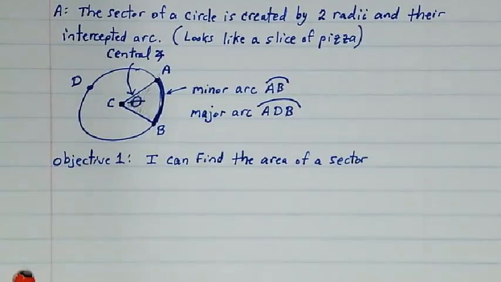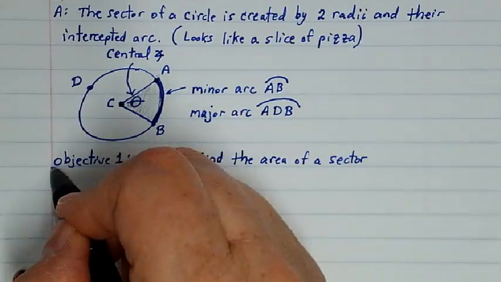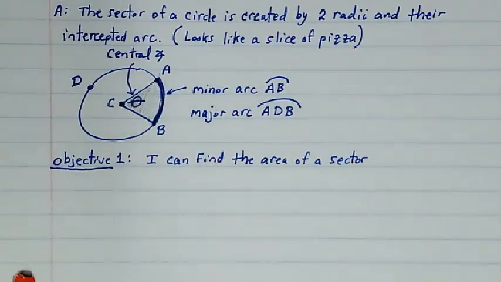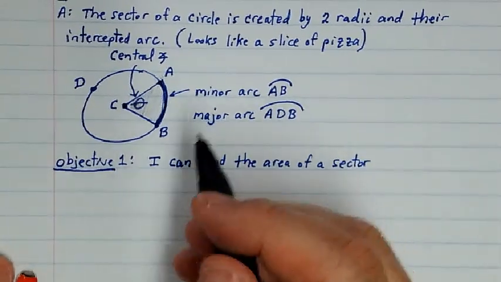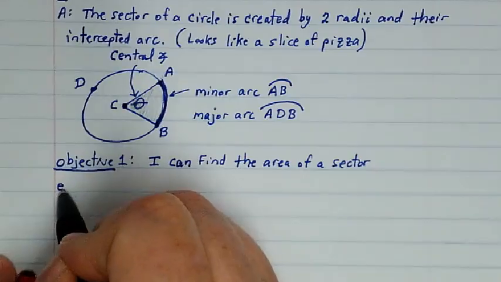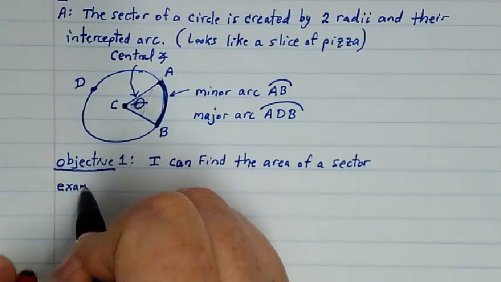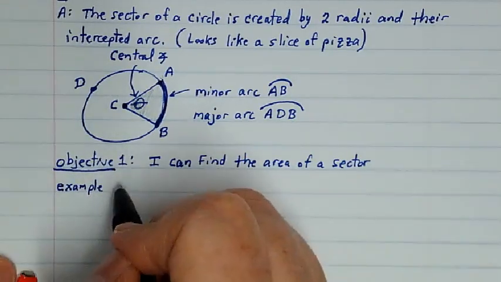I'm going to show you one way of finding the area of a sector, and along the way I would love to be able to give you a reason why the formula is what it is, but here's an example. I'll teach by way of example, just to make this to the point.